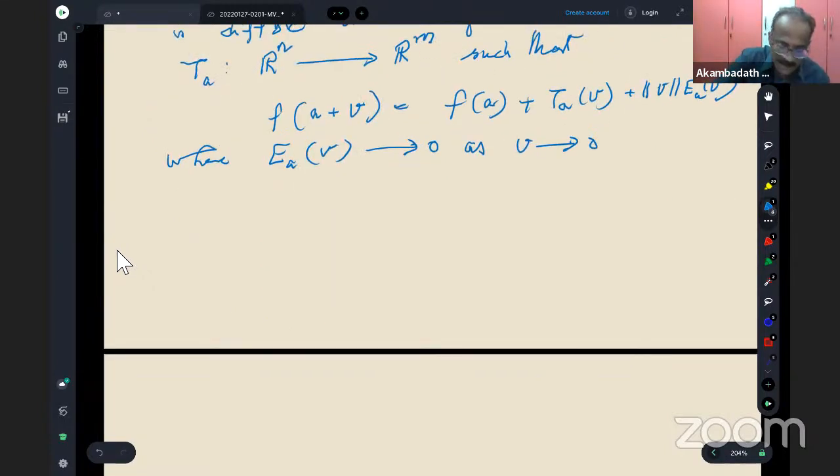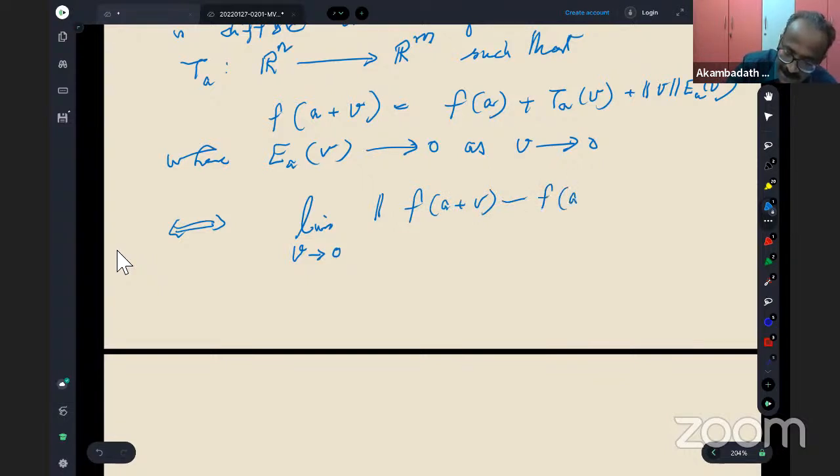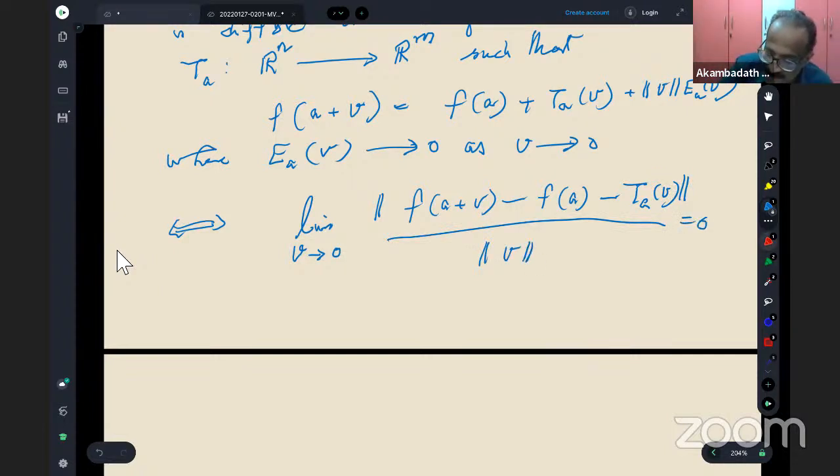This is equivalently written in some books as the existence of T_a such that the limit, v is a vector now, keep that in mind, so when I say v tends to 0, it is the vector v tends to 0, of the norm of f of a plus v minus f of a minus T_a of v, by norm v, is equal to 0. Okay, so this is the definition.